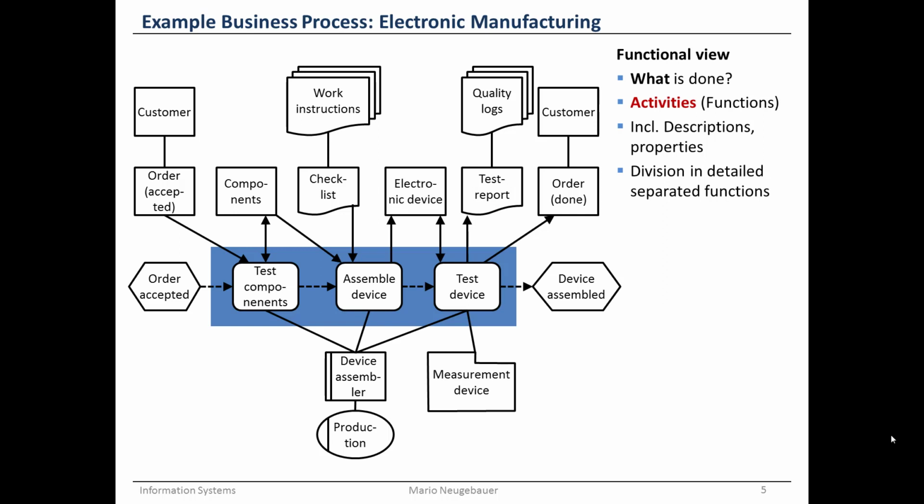And talking about this function, test device, means that you need a possibility to input some information, some measurements maybe, which are generated during the testing, and then from these measurements the test report is generated.